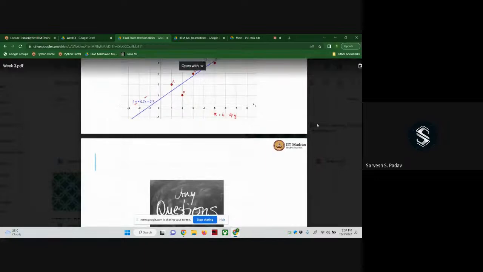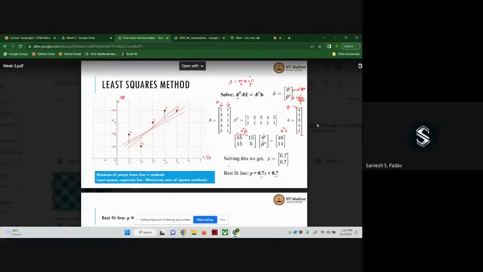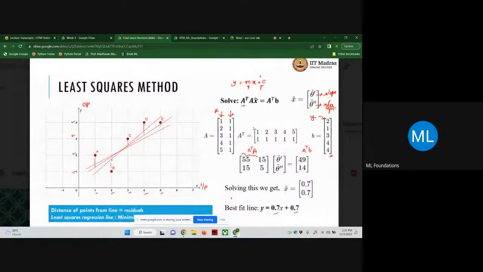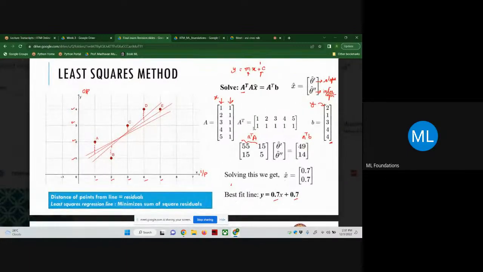Polynomial also can be asked, like in the previous Maths 2 we had polynomial also. Is that a possibility? Yes, the polynomial possibility will be there. See, here we just have a vector of R2. If you have a vector of R3 or R4, then you'll be having a polynomial.